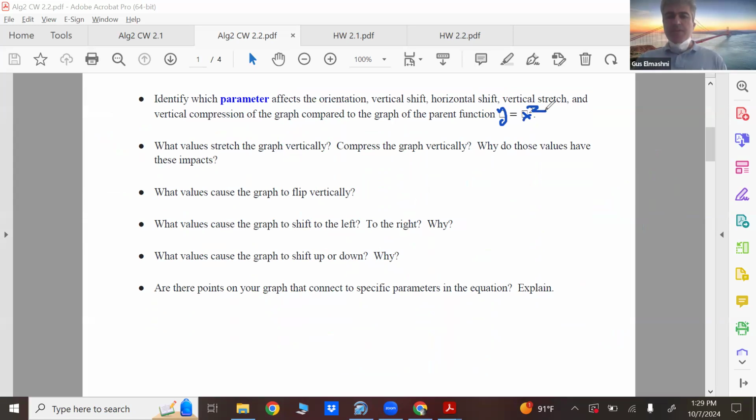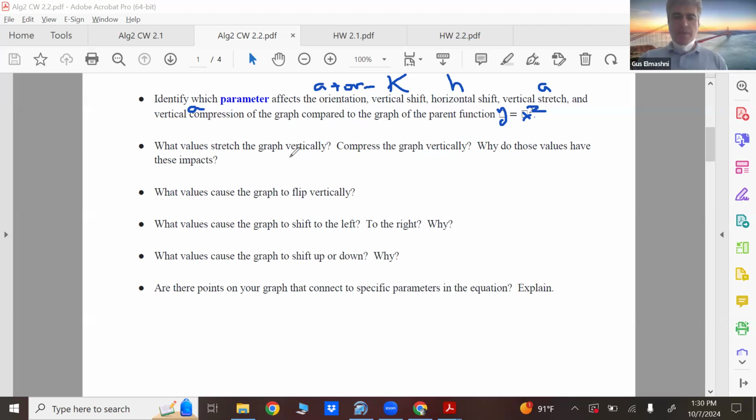Yeah, be able to figure out all those things, right? Remember, this is k. That's h. That's a. As well as orientation, which is pointing up or down. If a is positive or negative, that's orientation, up or down.